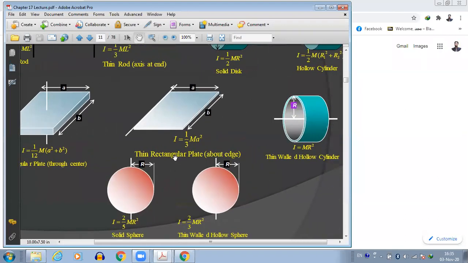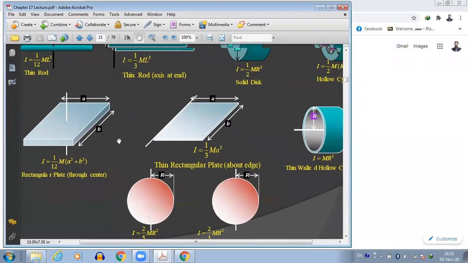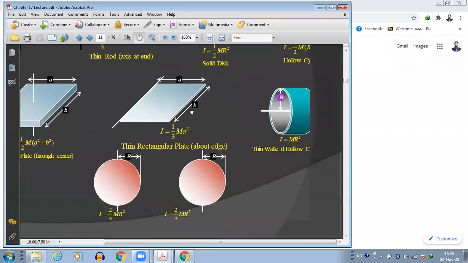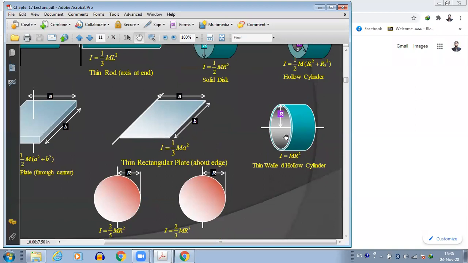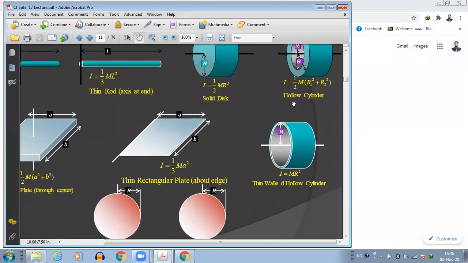If it is a thin rectangular plate, but the axis of rotation is not in the center, rather it is at one of the edges like this, then it will be 1 upon 3 m a square. Here it is a, because this a is perpendicular to the edge where it is rotating. Then suppose we have a thin-walled hollow cylinder. Thin wall means the wall is very thin, so we will not have R1 and R2, two radii.